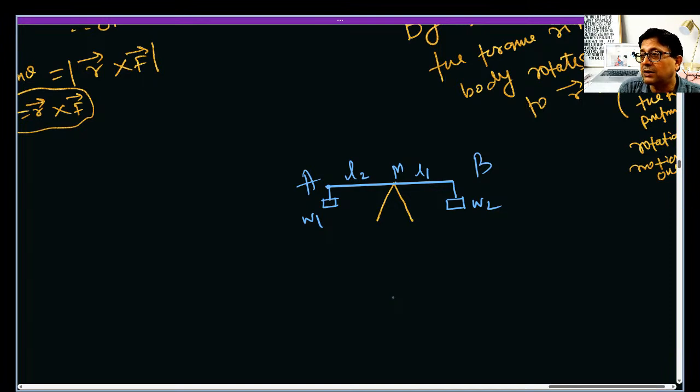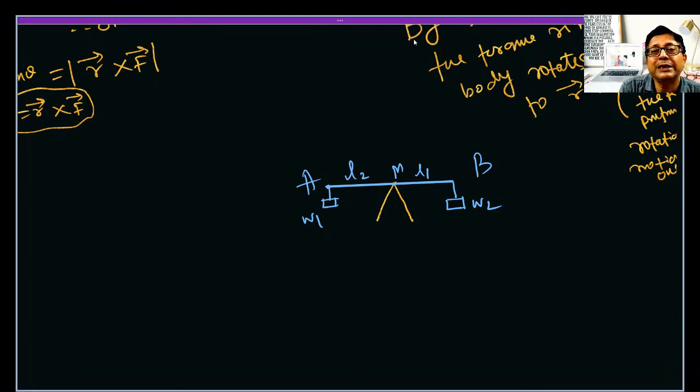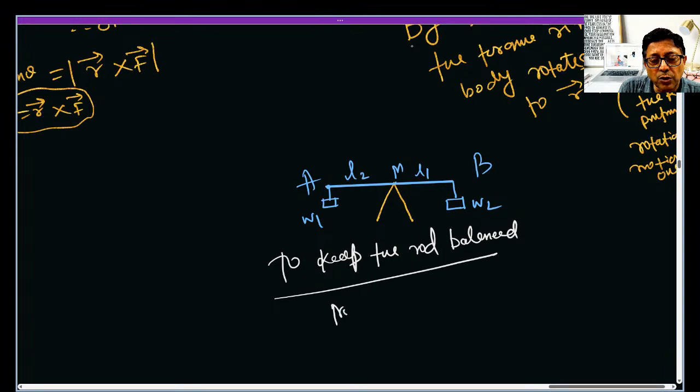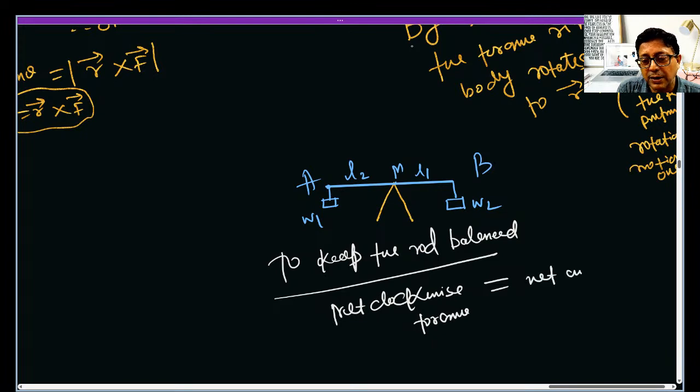Now to keep the rod balanced, what to do? Net clockwise torque must be equal to what? Net anti-clockwise torque.